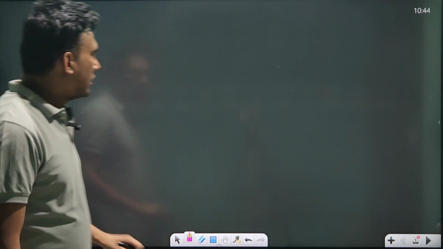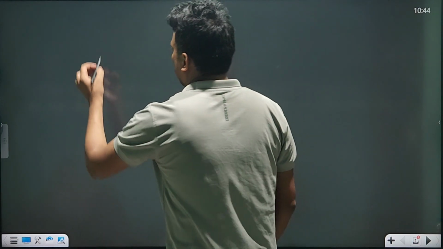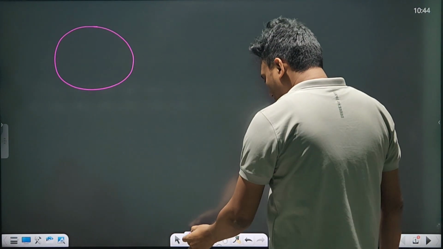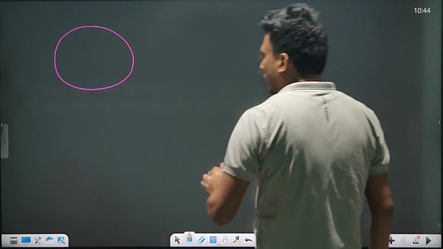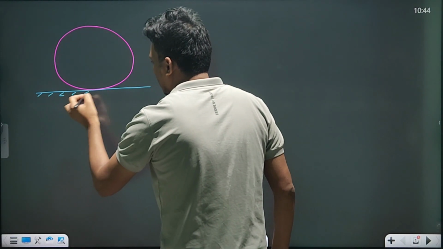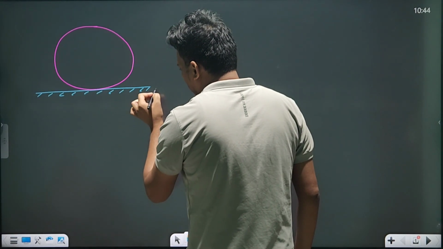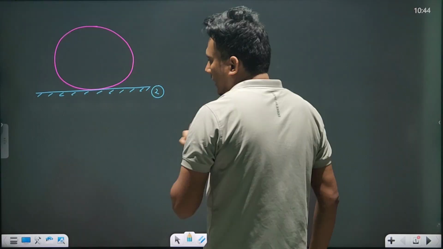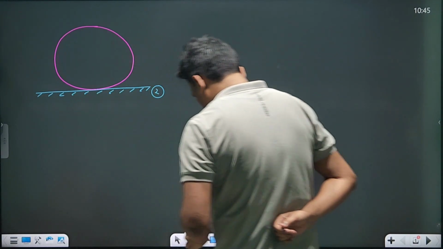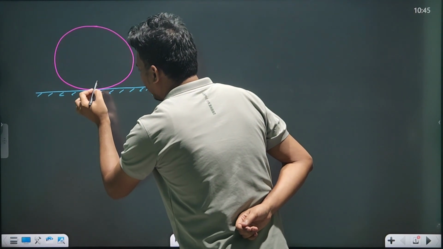See here, what is the meaning of pure rolling? Suppose we already take the example of a wheel of a car which is moving on a platform. Suppose a wheel is moving on a surface, and this surface we call surface 2, and at the point of contact we say point 1.